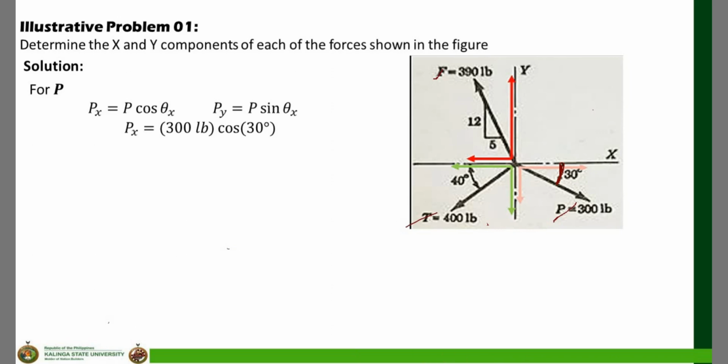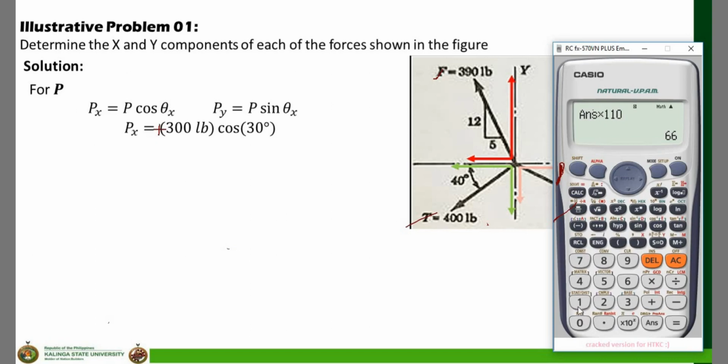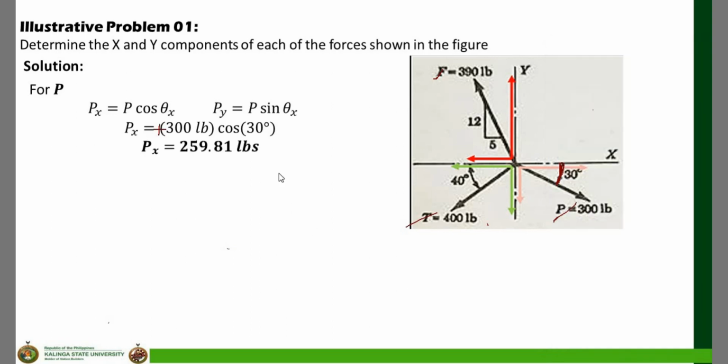Force P is pointing to the right, downwards, so since the direction is to the right, the x component is positive. So, 300 times cosine of 30 degrees is equal to 259.81 pounds. Do not forget the unit, pounds.